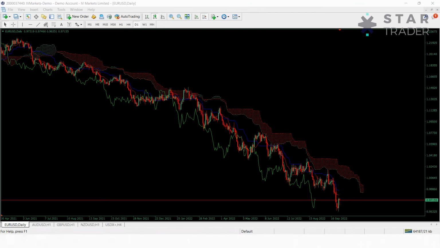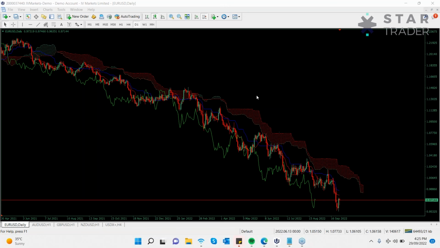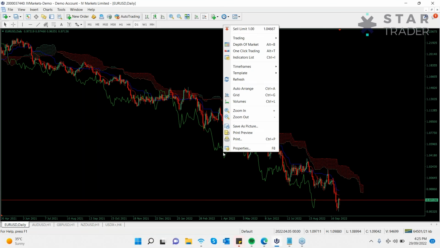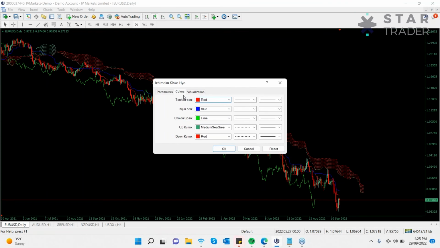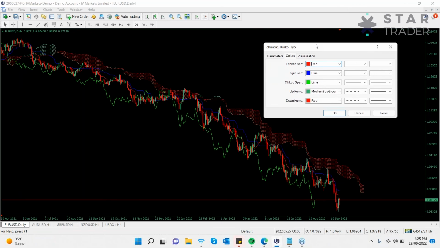So now we are going to discuss each and everything. First of all, let me tell you the settings before we head towards the technical stuff. If you select this indicator, you have to go to the Ichimoku properties, and over here you can change all the settings.